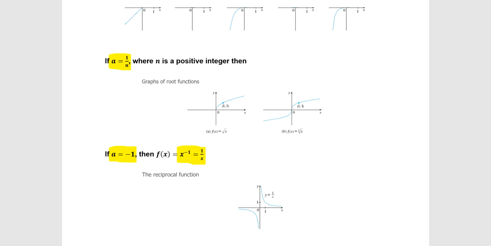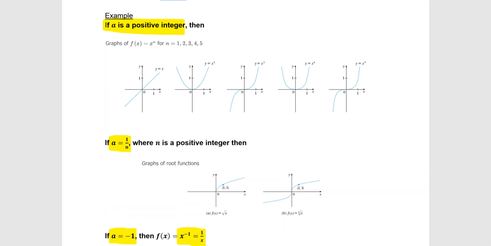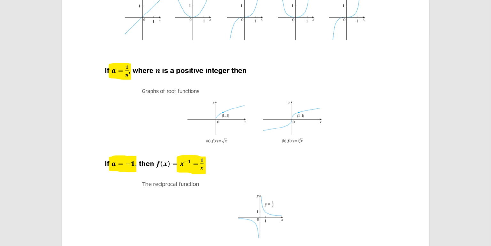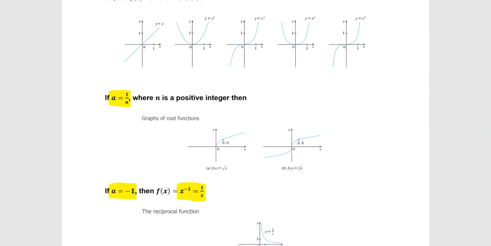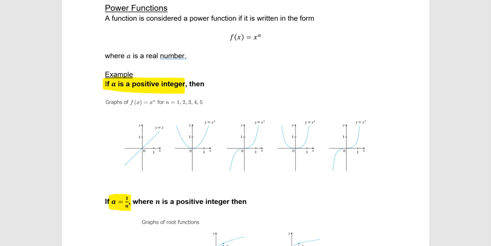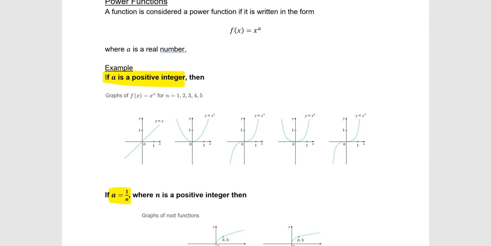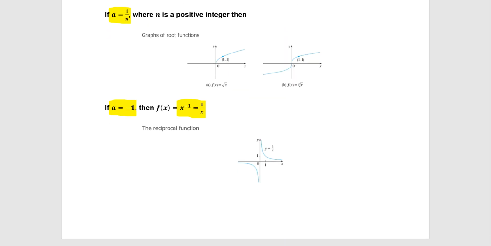Okay, so those are pretty much the 3 main types of graphs: if a is a positive integer, if a is a fraction, or if a is negative. Either way, those are all technically power functions, and once again we'll see that in a little bit. Okay, so that was just a very quick review of several very important functions.